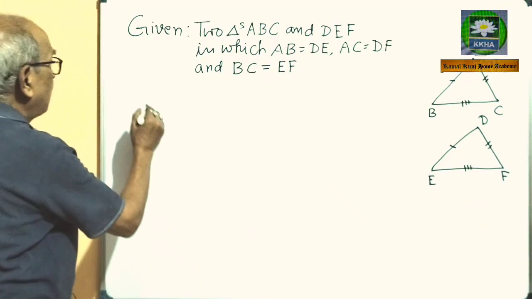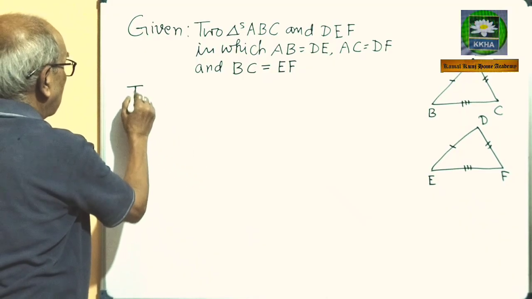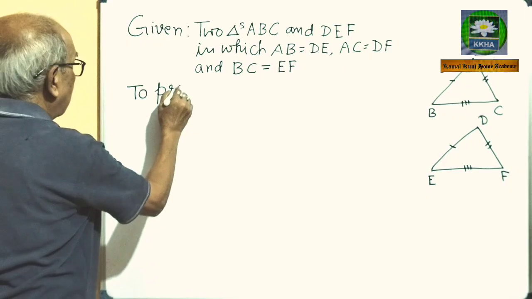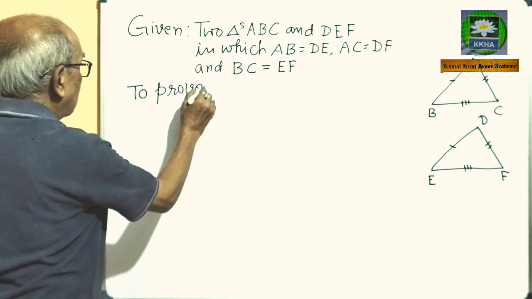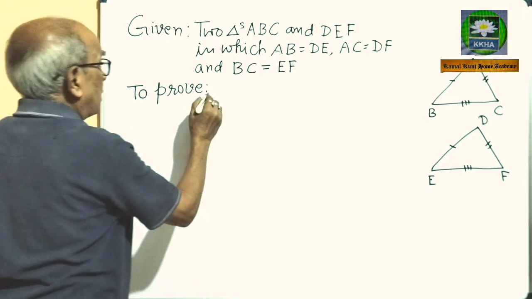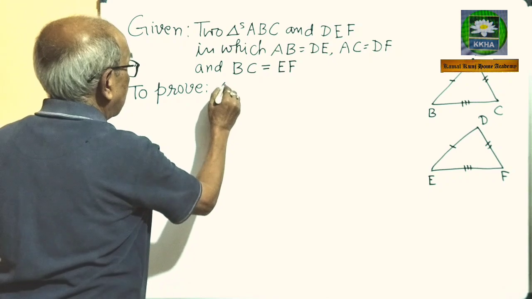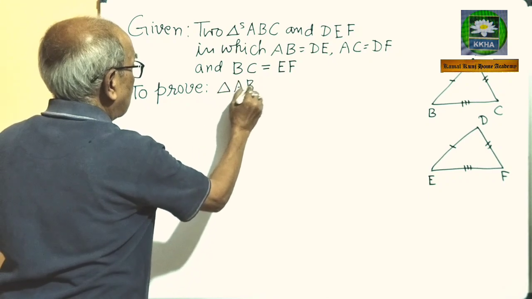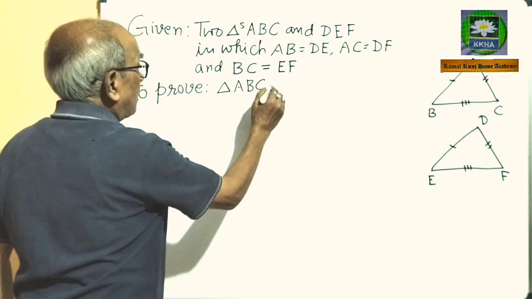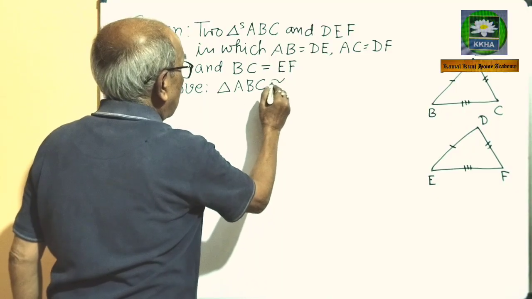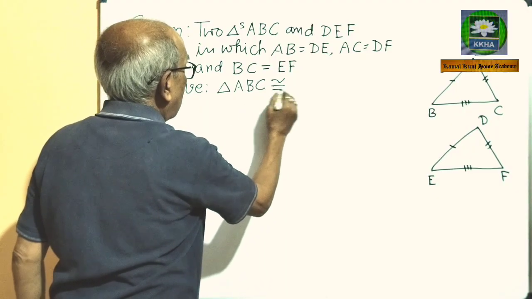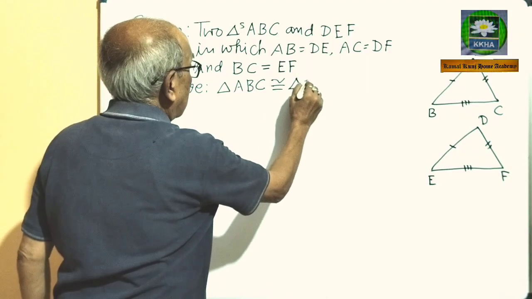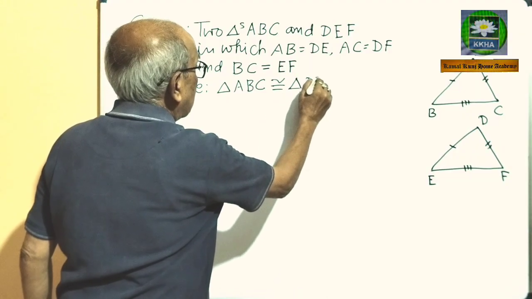Now to prove: triangle ABC is congruent to triangle DEF.